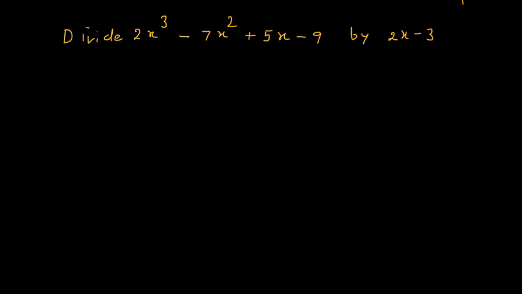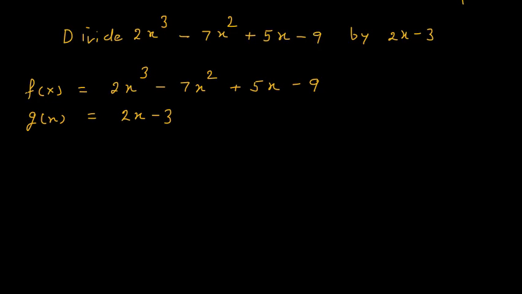So, as we discussed, I can consider f(x) as 2x cube minus 7x square plus 5x minus 9, and I will consider g(x), the polynomial with which I am dividing, as 2x minus 3. Now I have to divide this f(x) by g(x).